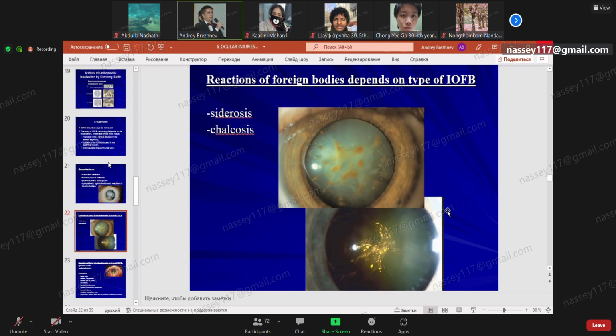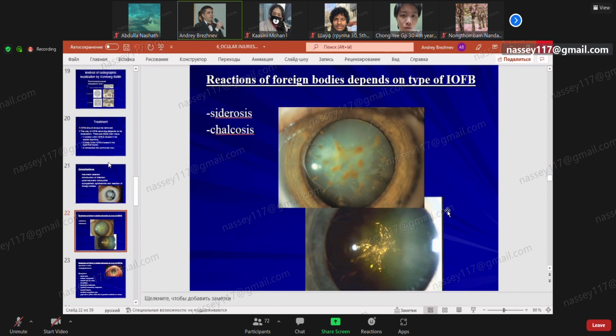Siderosis bulbi, or siderosis of the eyeball, refers to the degenerative changes produced by an iron foreign body. This usually occurs after half a year of the injury. The iron particle undergoes electrolytic dissociation by the current of rest, and its ions are disseminated throughout the eye.